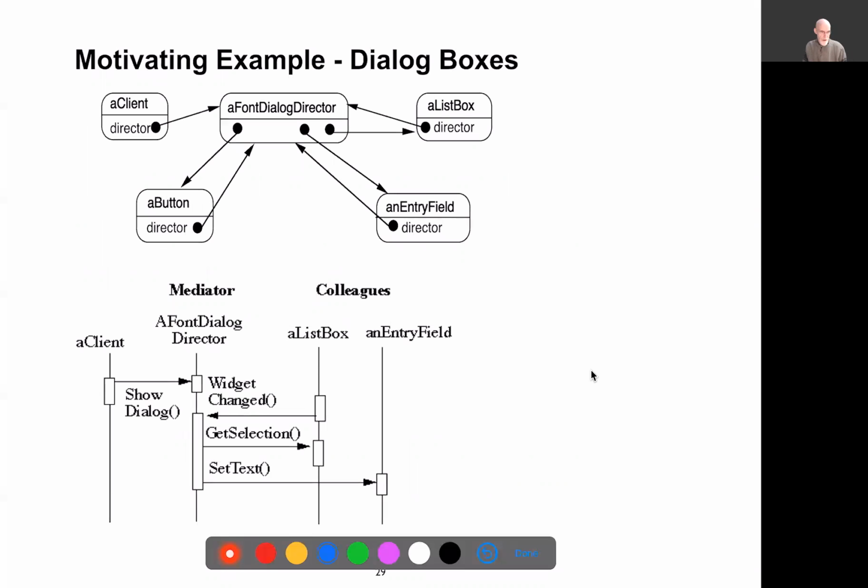So the one example I have to try to motivate this is, you have some sort of dialog box. It has a list box and a button, various fields, and there may be a relationship between them. So when you pick one option, other options go away or other options appear.